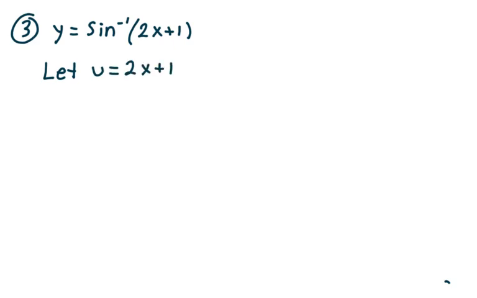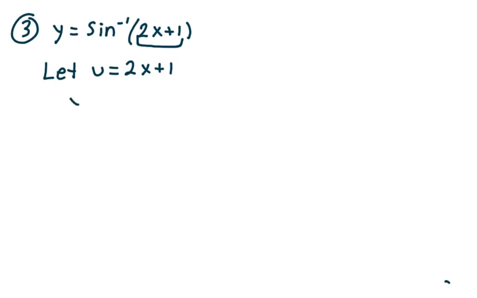So let's go ahead and take a look at example 3. Suppose I had y equals arc sine of 2x plus 1. So I'm going to let u equal 2x plus 1. That's the inside function.